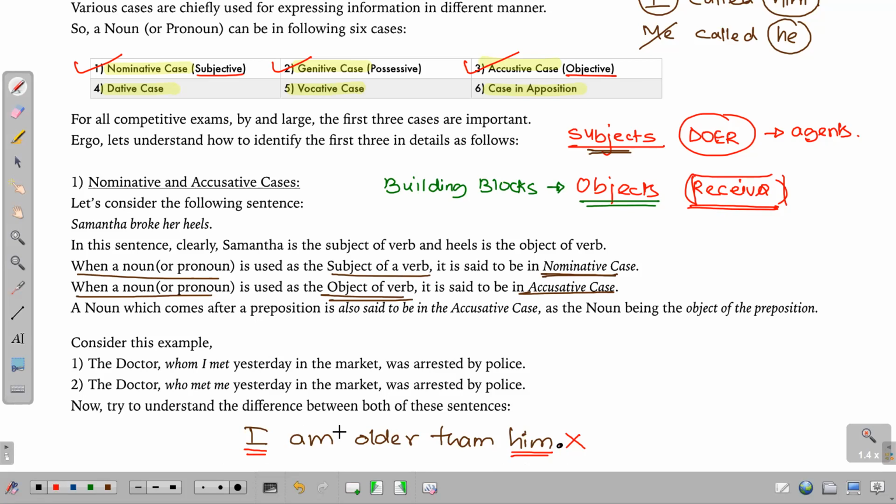Why? Because you are actually comparing. So I am older than he is should be the correct phrase. Even if you are not writing is or he is, it automatically makes sense. So we should rather write I am older than he, which sounds funny, I know, but believe me, this is the correct grammatical usage of it.